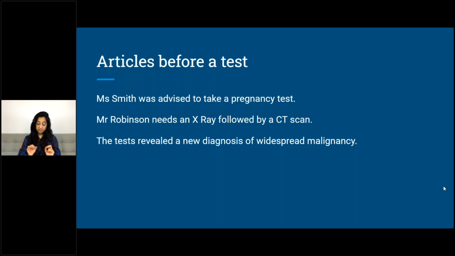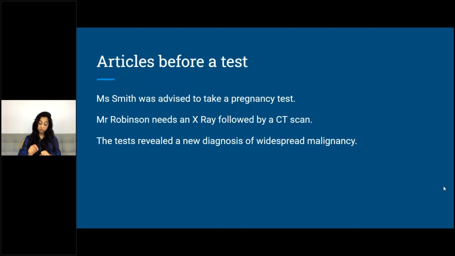Top tip: sometimes we're going to be discussing this again. Some people like to write a widespread malignancy, but I'm going to discuss it in the next mistake that people make, so just stay tuned for that.